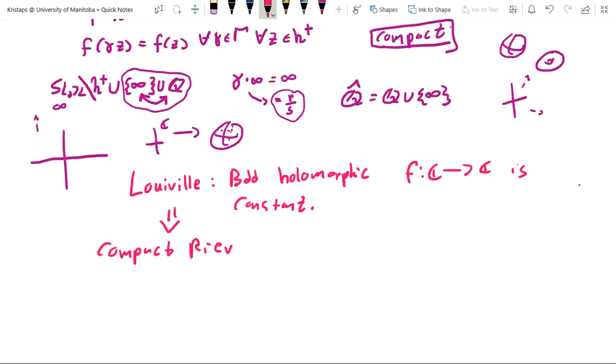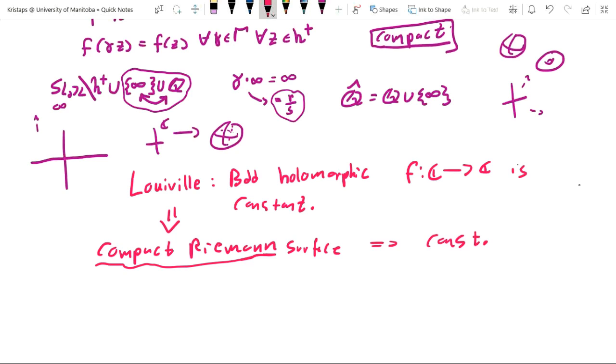If you're not familiar with the definition of a Riemann surface, don't worry too much about it. I will go on to discuss this in more detail in later videos. Basically, these are just manifolds where we use complex numbers instead of real numbers, and we have a little bit of extra structure. So the appropriate generalization of Liouville's theorem is that if you have a holomorphic function defined on any compact Riemann surface, then the function must be constant as well.